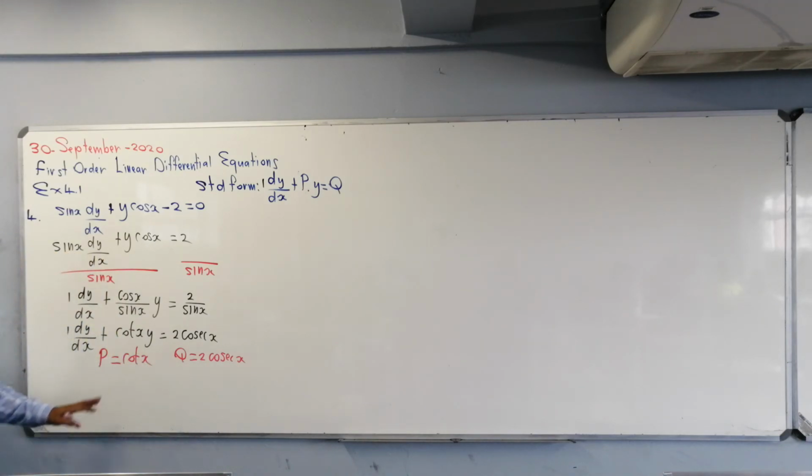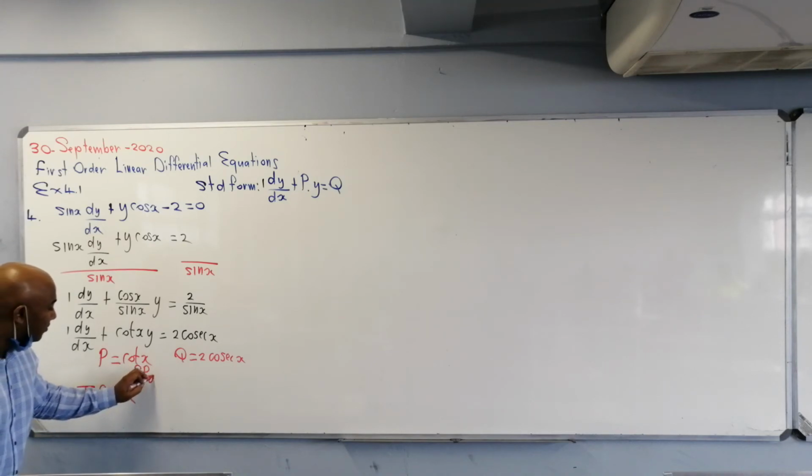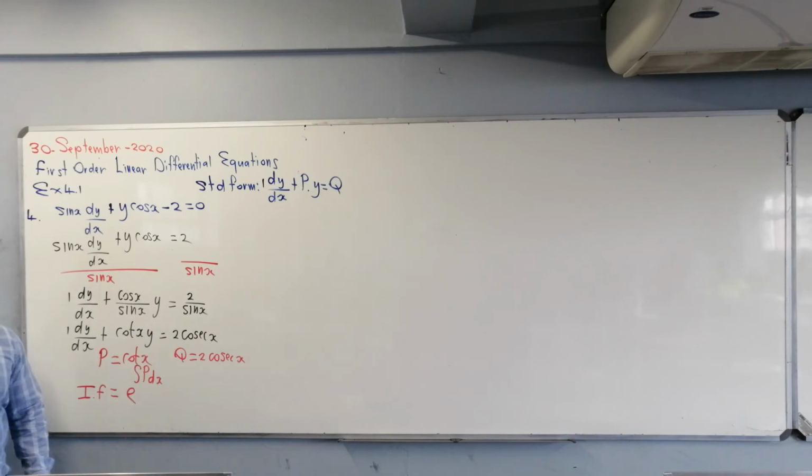So now we need to work out the integrating factor. So your integrating factor is given by the formula e to the power integral of p dx. So we will substitute into this formula.